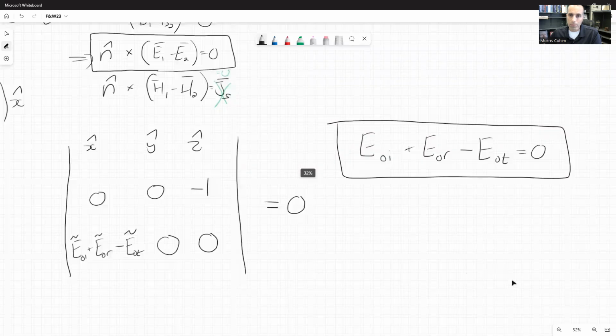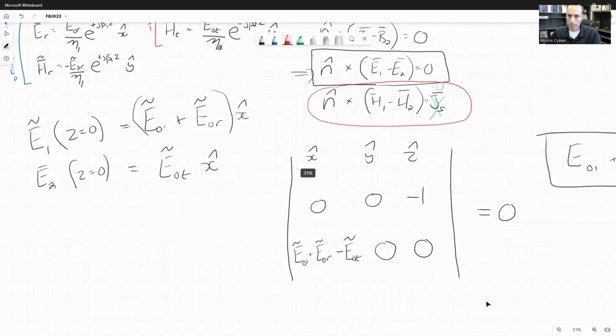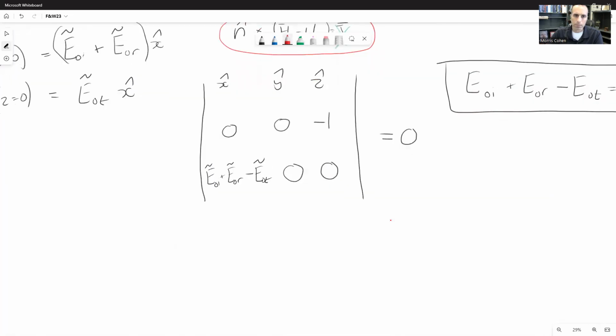Now, the next thing we're going to do is apply this boundary condition, n hat cross h1 minus h2 equals 0. And I'm going to set that up down here. This will be x hat, y hat, z hat. And again, we'll have 0, 0, minus 1.